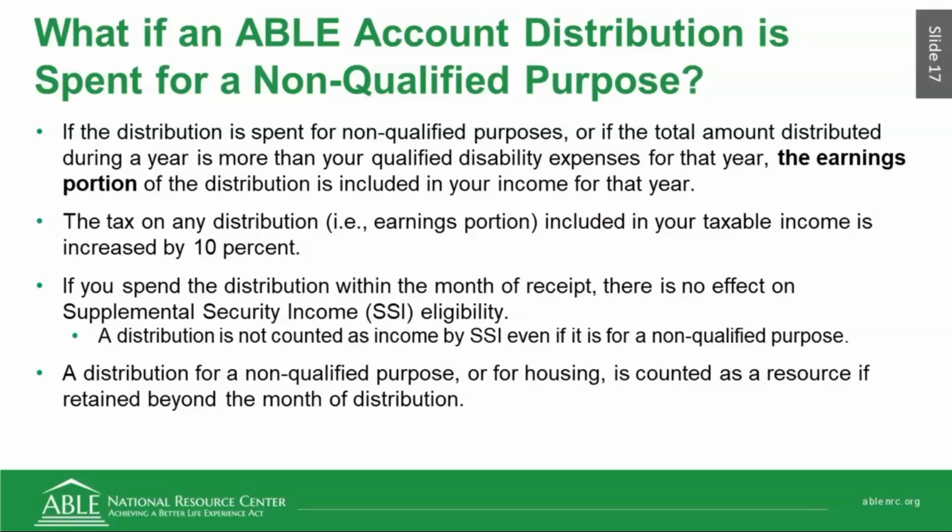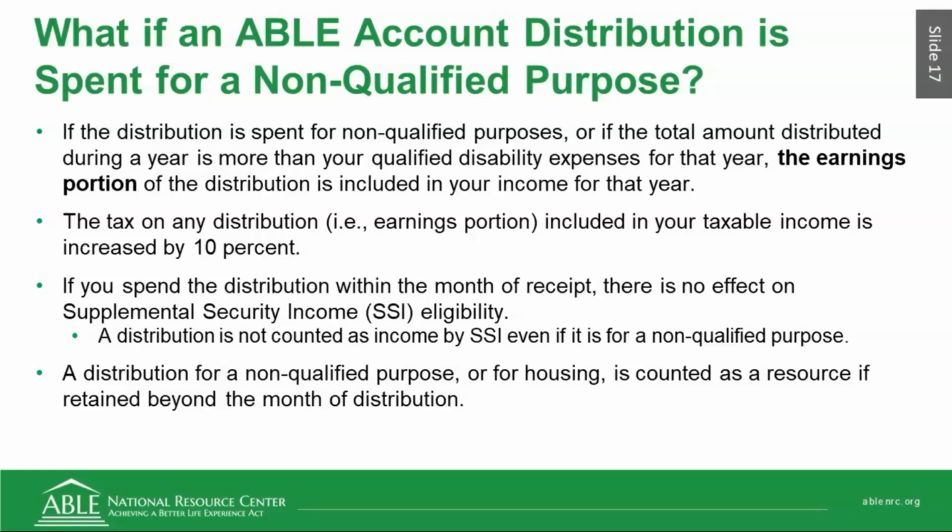What about on the resource side? Well, there's two examples where what you take out could be a countable resource while it goes unspent. The first very clear example is if it's in the housing category. And let's say somebody's a homeowner and they took out money to pay taxes, which could be a considerable amount of money. The way the SSI policy works is that money's got to be spent in the same month.